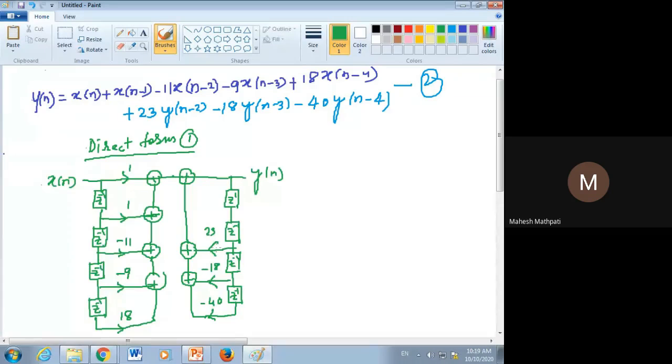Then can you draw direct form 2 now? If you have got this answer, it's correct. Then draw direct form 2. Direct form 2, you just draw.